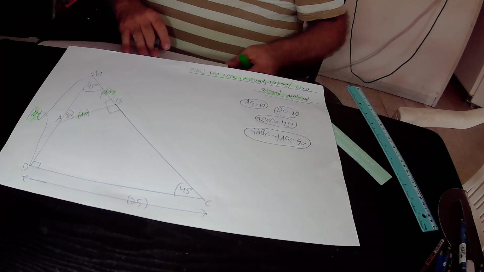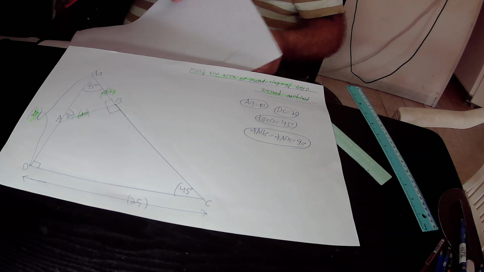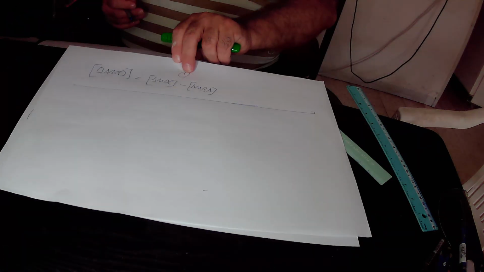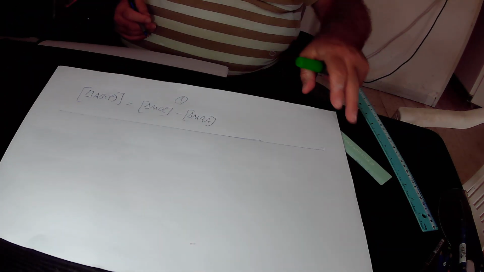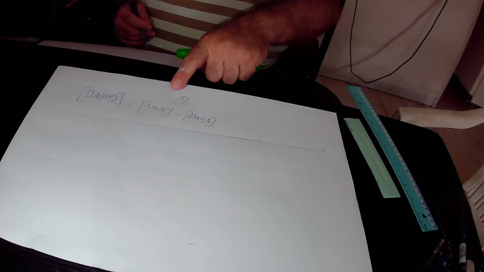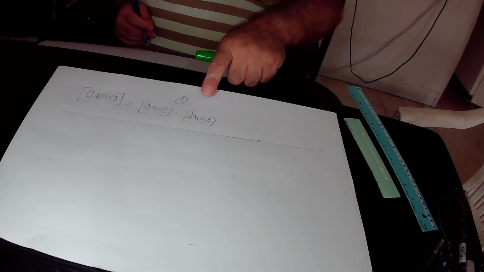And again, the area that we are looking for in this question, that is the area of quadrilateral ABCD, equals in total the area of the big right triangle MDC minus the area of the small right triangle MBA.